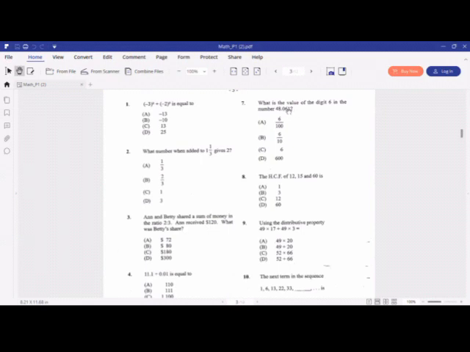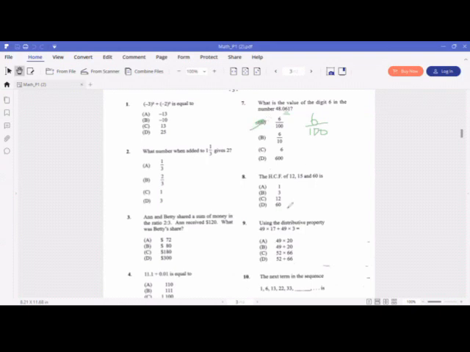Now to the right of the decimal point, we're dividing by multiples of 10. So the first place after the decimal point to the right is 1 out of 10. The second place is 1 out of 100. Now the digit in the 100th place, as we call it, is 6. Therefore, the value is 6 out of 100. So that gives me an answer of A.